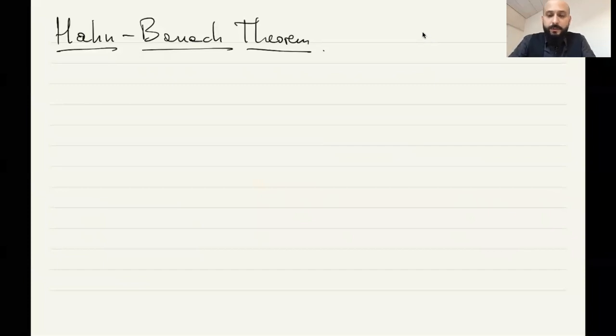So we used this theorem by Hahn-Banach about the extensions of linear maps. Now we are going to prove it, in a slightly bigger generality.